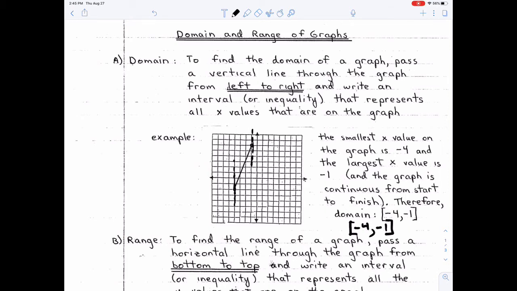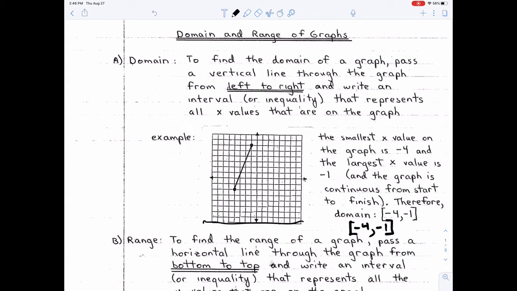Okay, that's the domain. Well, what do you do with the range? Now, here's where you've got to be careful. You're going to use a horizontal line, right? In other words, in this direction. But don't go from top to bottom. That's what a lot of people do, because top to bottom would be largest to smallest. Remember, it's always got to be smallest to largest.